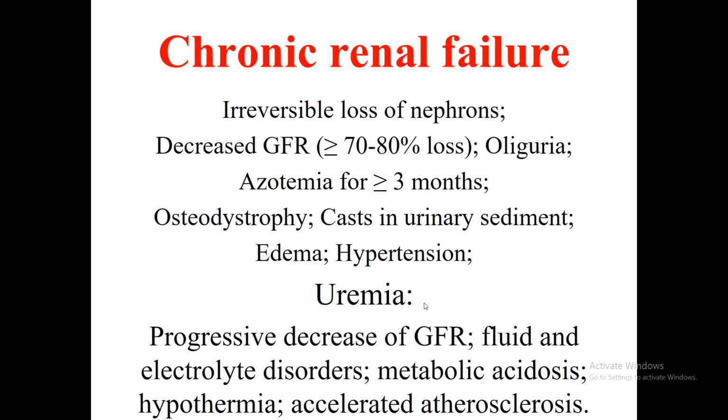The end stage of the progressive loss of nephrons is a state known as uremia. Excessive levels of nitrogen wastes in the blood and severe oliguria. It is due to a progressive decrease of glomerular filtration rate, fluid and electrolyte disorders, metabolic acidosis, and causes in addition hypothermia and accelerated atherosclerosis.